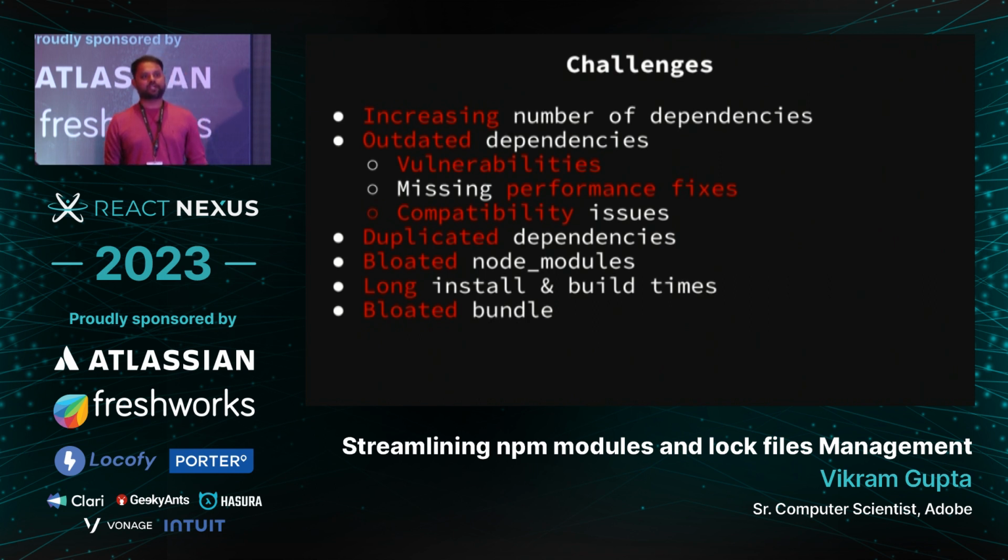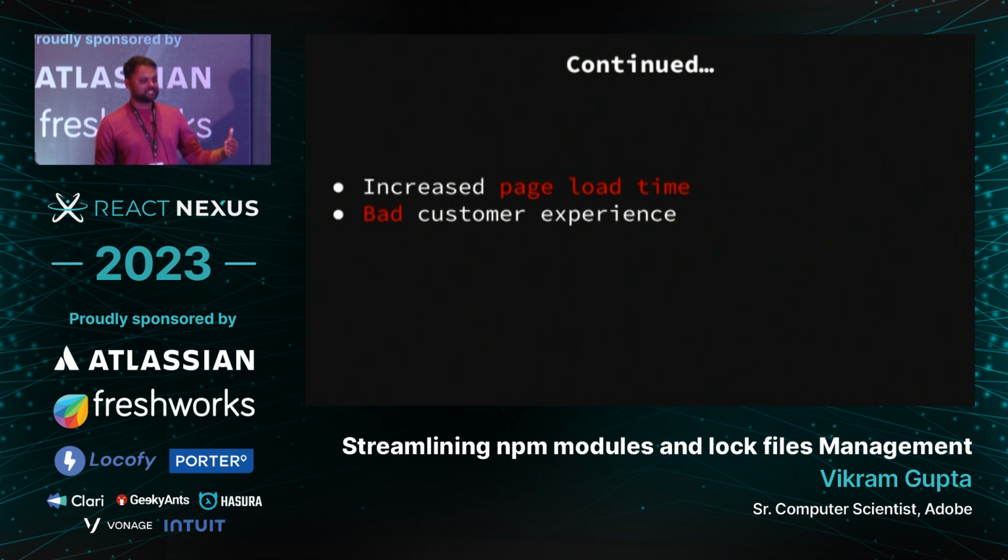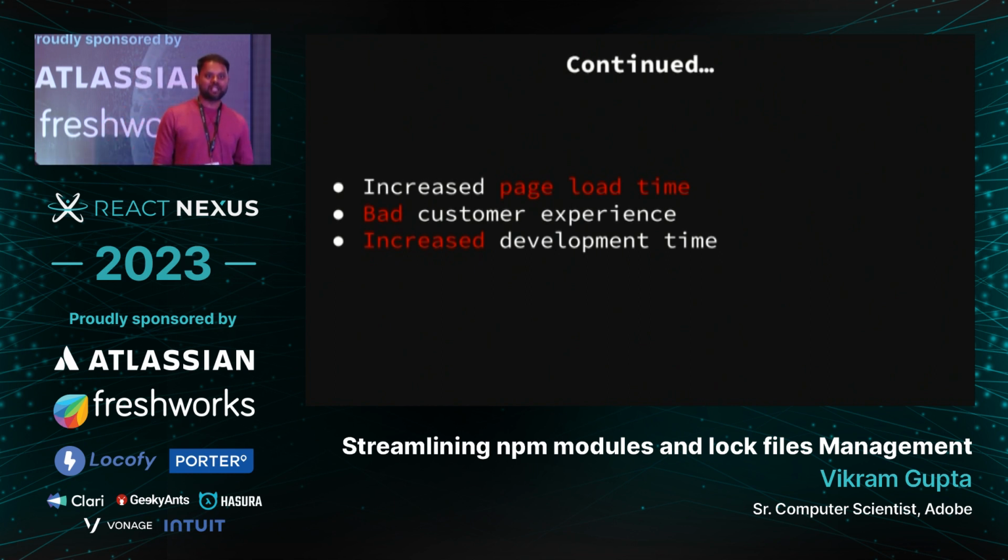The bundle also gets bloated, which is downloaded on the client's machine, increasing the overall page load time, and that is bad. So you see the cycle: it starts somewhere and it continues if it is not solved in time. Obviously it will increase the development time when you add a new plugin, then you get into dependency hell, and coming out of that hell is really a big thing.